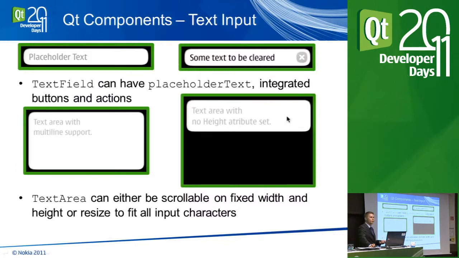It's something that's quite important when you are dealing with a mobile UI that's probably a little bit cramped. You don't have lots of space, so you need to take advantage of all the space that you have. And this way, you usually can get rid of a label or two.